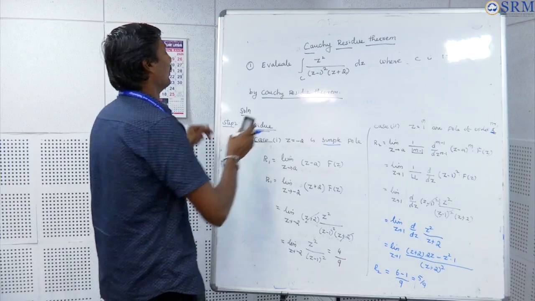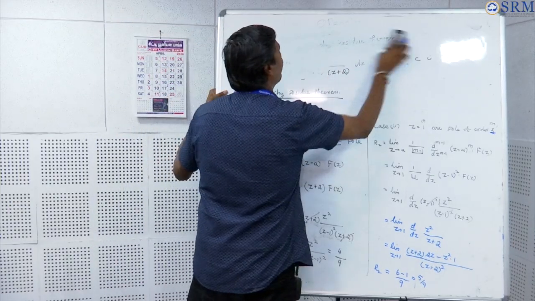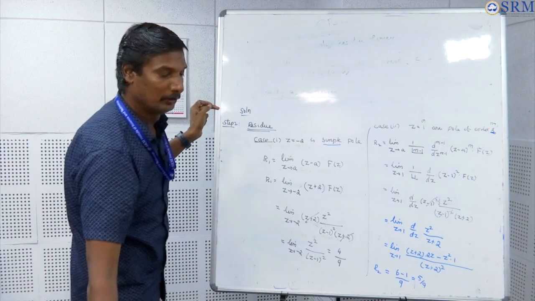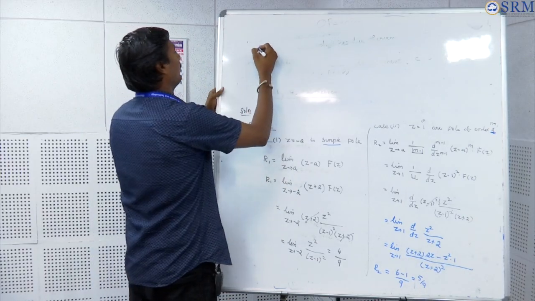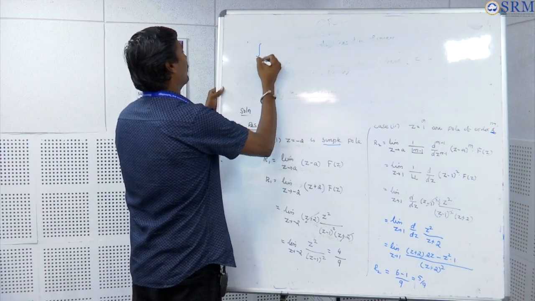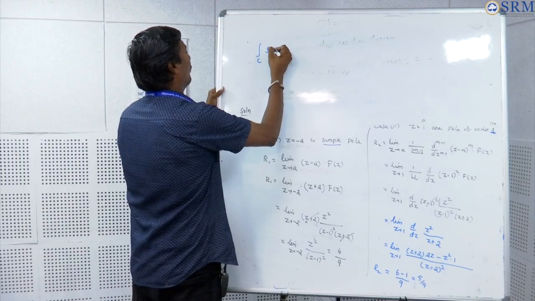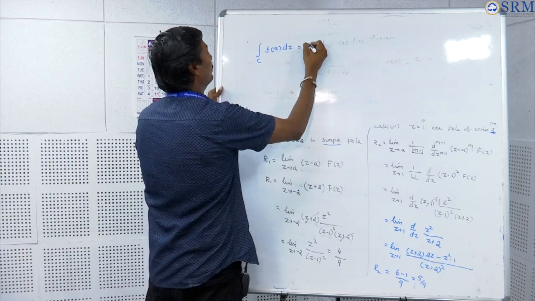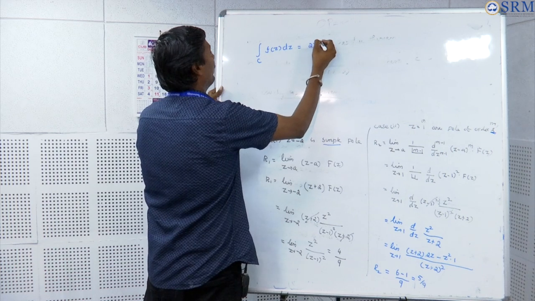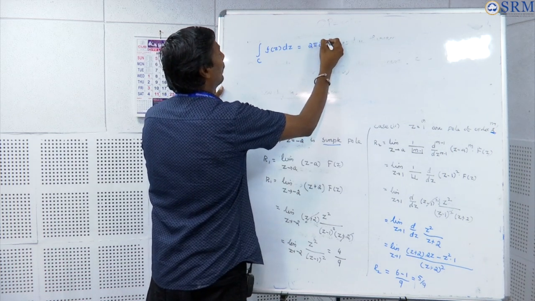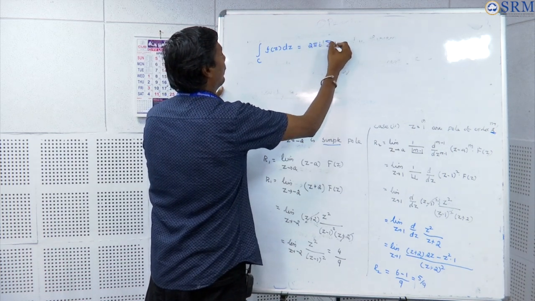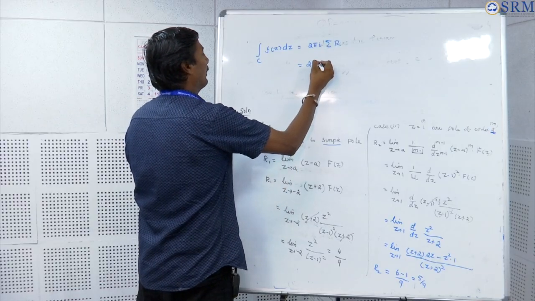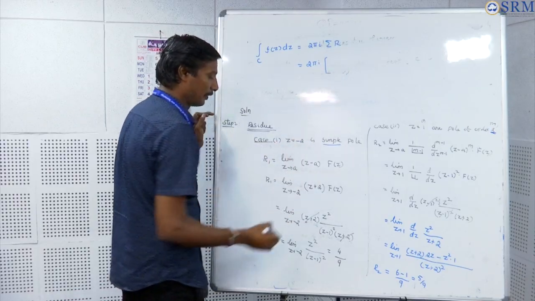Therefore, by the Cauchy residue method, the integral over C of f of z dz is equal to 2 pi I into the sum of the residues.